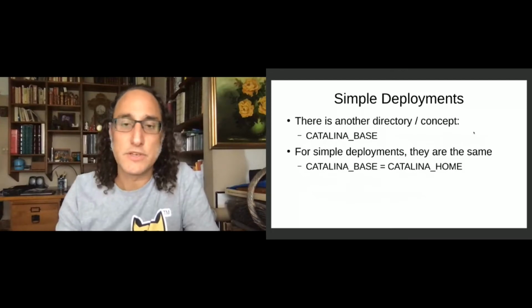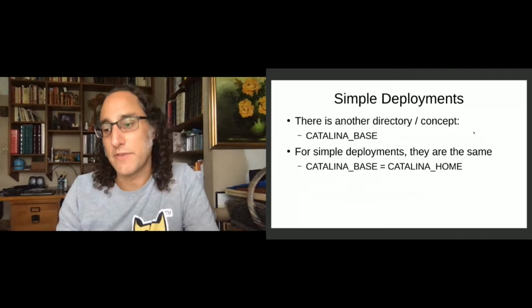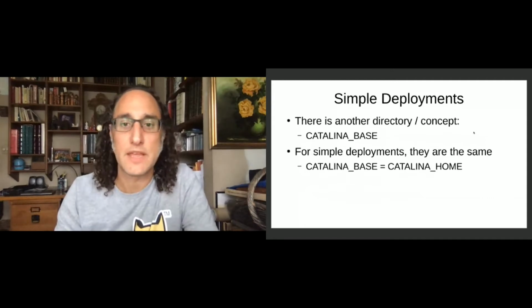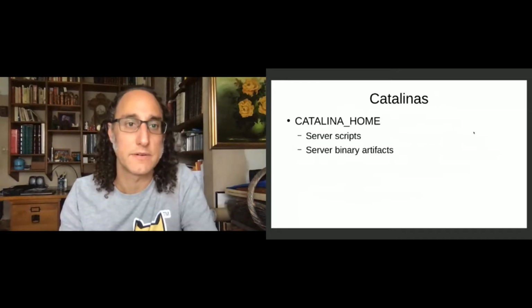So you can discover those if you look at the full command line of the JVM invocation. You can find it through JMX or a couple of other ways if you were just curious about it. But for simple deployments, CATALINA_BASE and CATALINA_HOME are going to be set equal to one another.